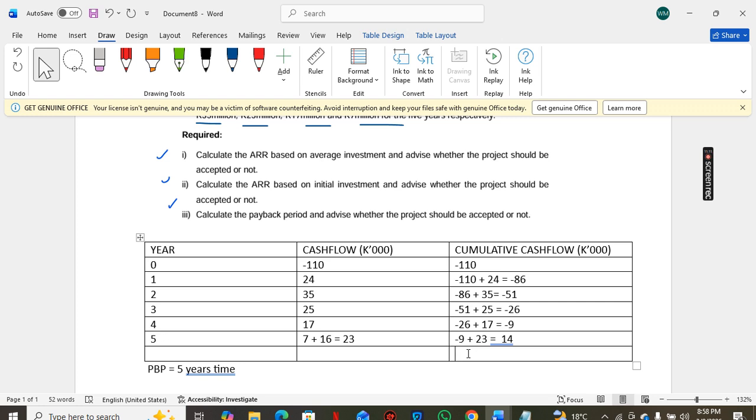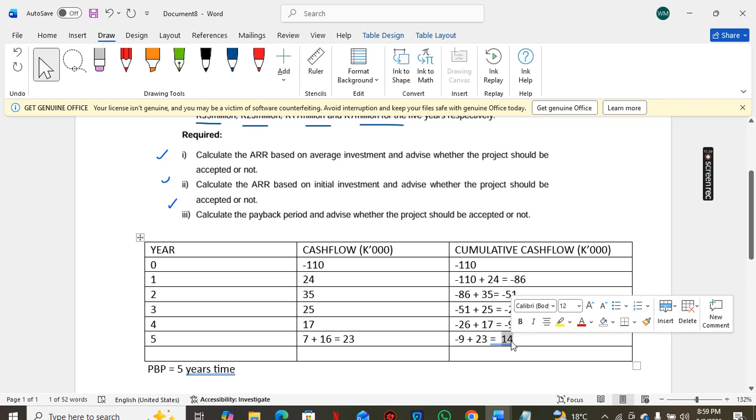The moment you reach zero or you cross over, that's where you're going to stop. All right. So in 5 years, you recoup your money and you remain with some change of 14 million.